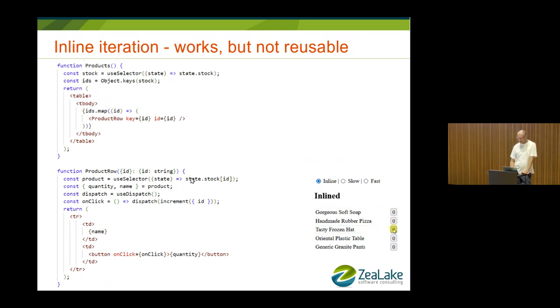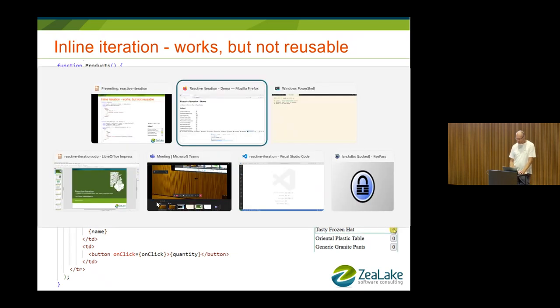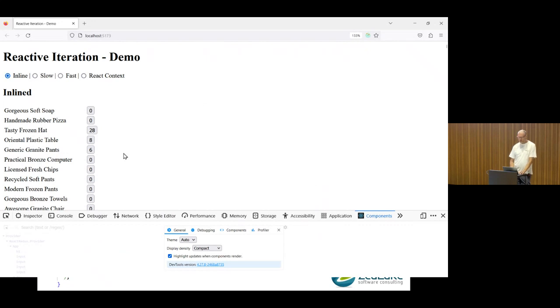So here we select state.stock with ID and pick out the quantity and the name. And then we render the table row with a name and the button. And the button shows the quantity, and there's an onClick handler that will dispatch into Redux an increment action so that the state will update. So this is the code that runs this part of the demo.